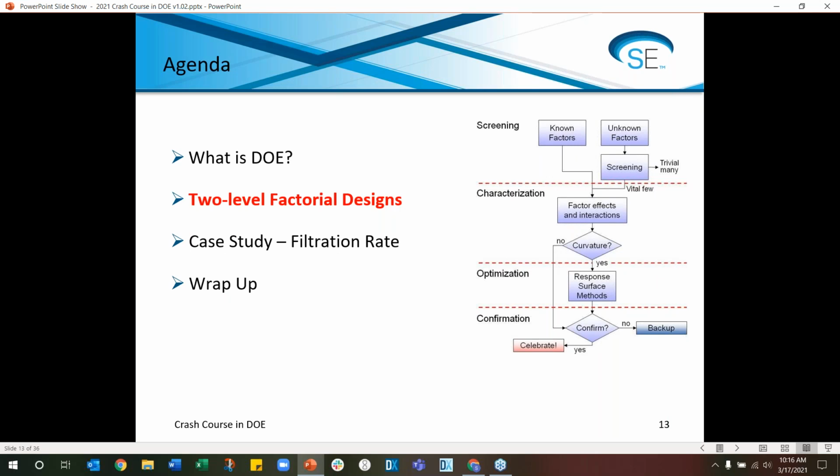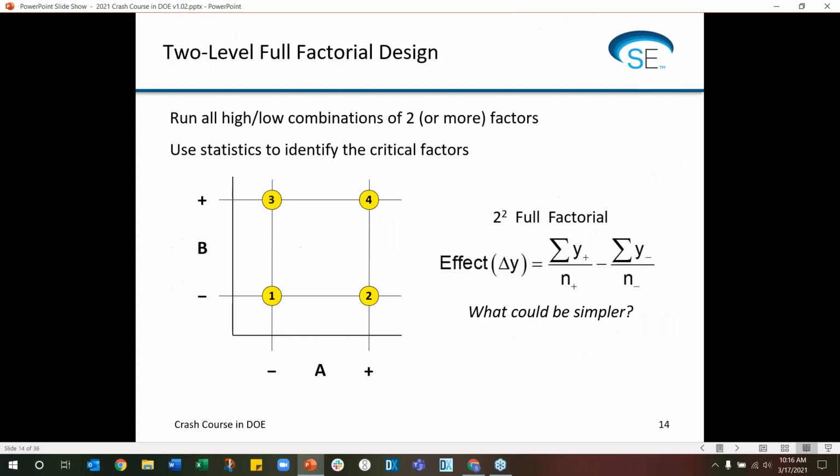All right, let's dig into two-level factorials just a little bit. A two-level factorial means that each factor is set to two levels, a low level and a high level. These are coded or represented as a -1 and a +1.